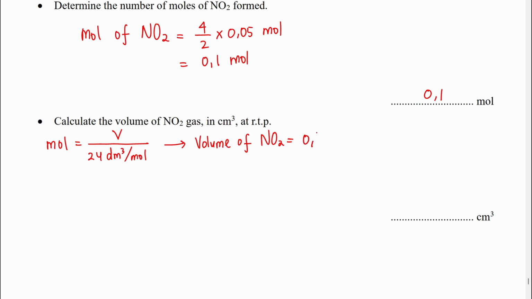What is the mole? 0.1 mole times 24 dm cube per mole. And you can cross the mole, so equals to 2.4 dm cube. But the question is asking in centimeter cube, so you convert dm cube into centimeter cube, you times it by 1000, so equals to 2400. So the answer here is 2400 centimeter cube.